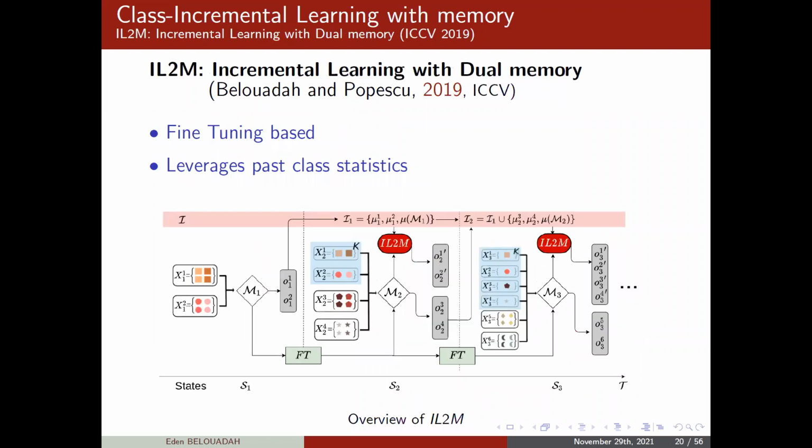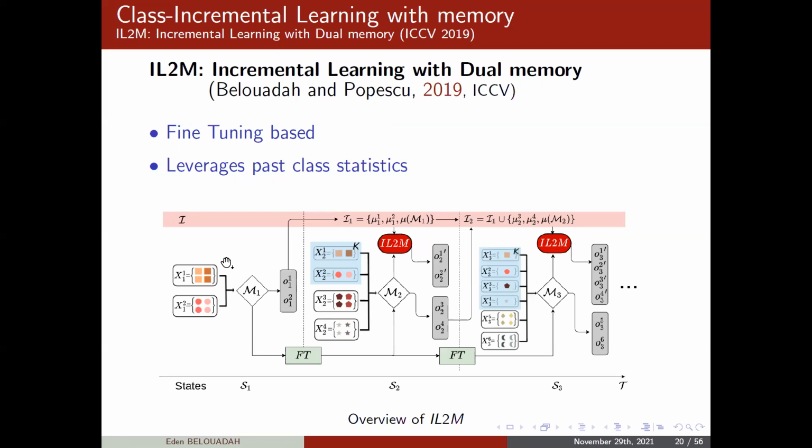The second method is called IL2M, or incremental learning with dual memory. It is based on fine-tuning, and it's followed by a bias correction layer. So it shares the same spirit as the bias correction method from the state of the art. However, it differs in the way we rectify the scores of past classes.